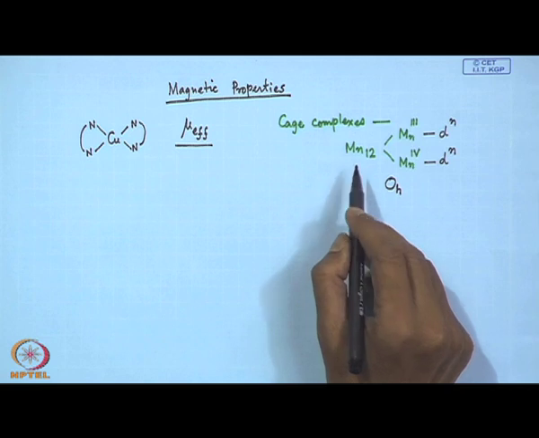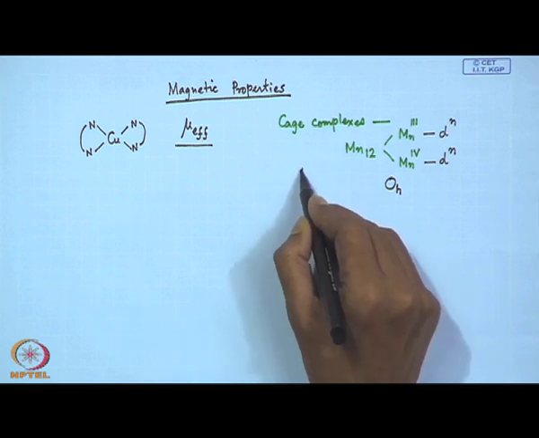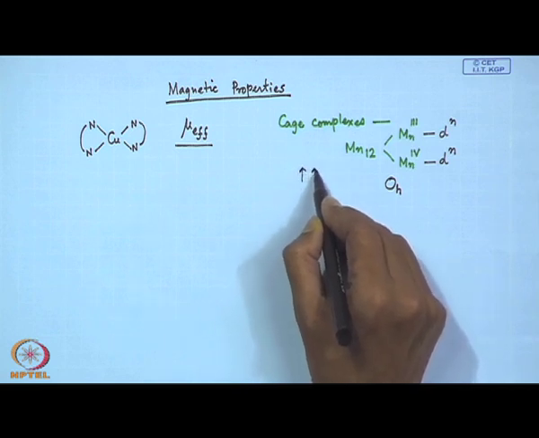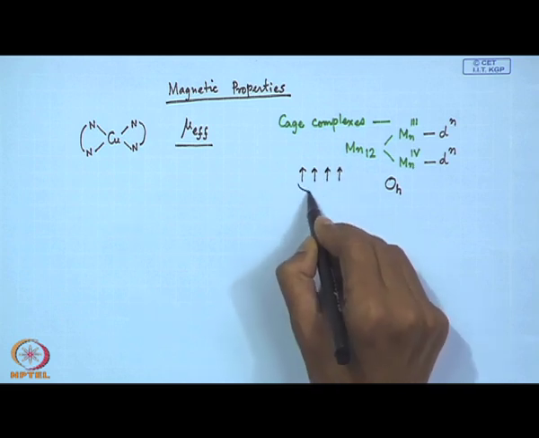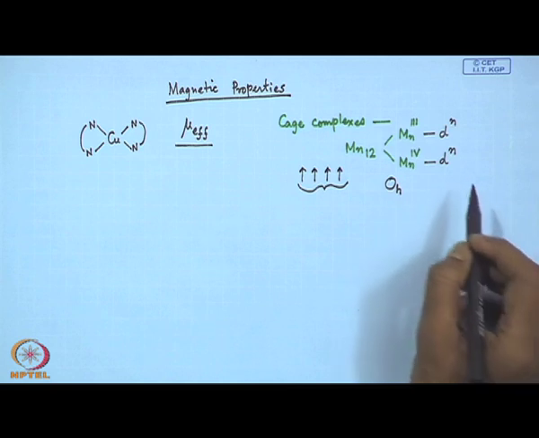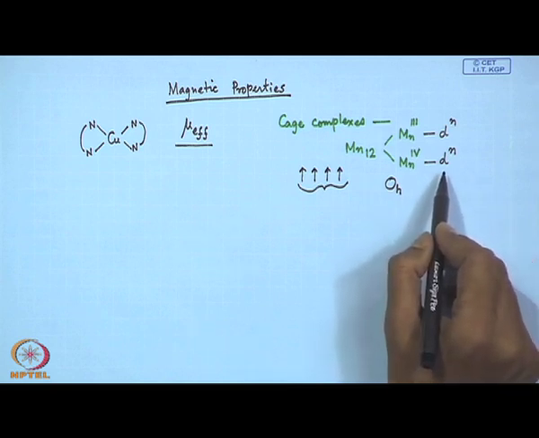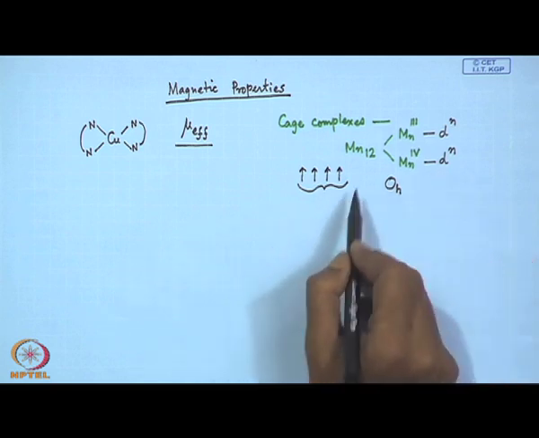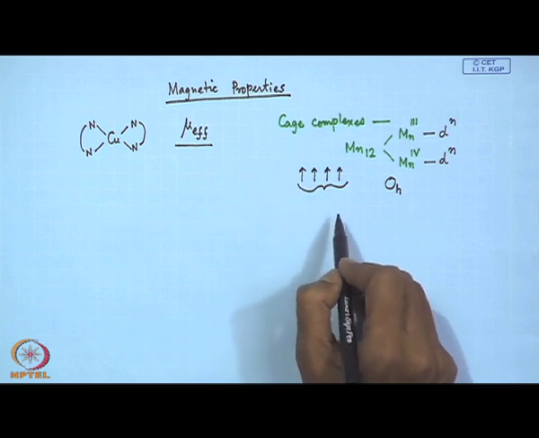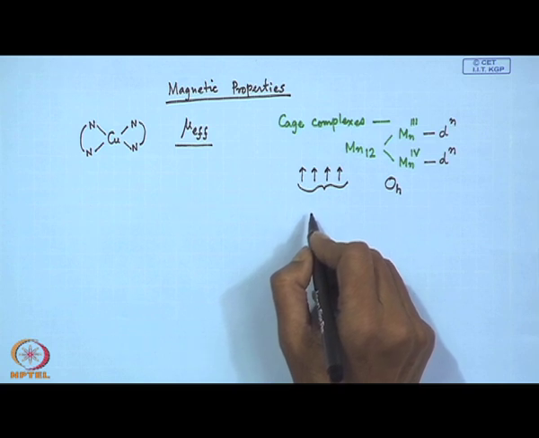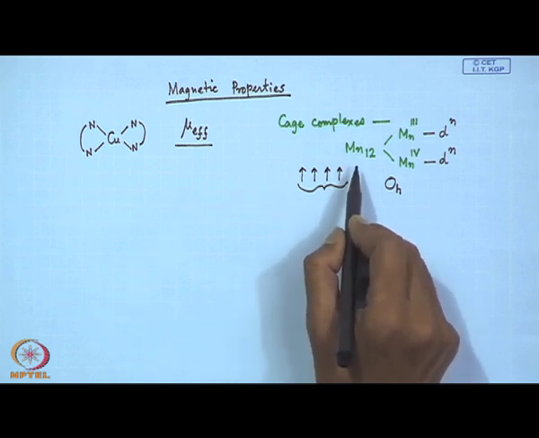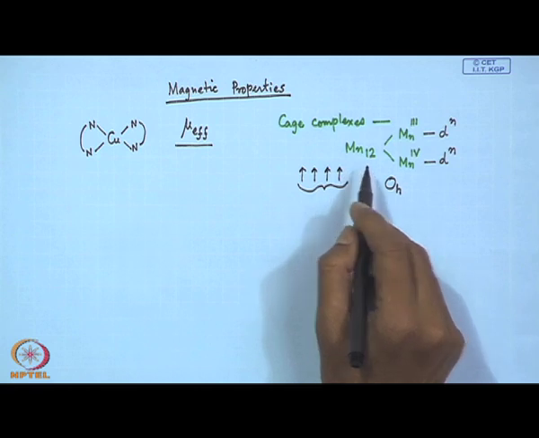In that case, the total number of unpaired electrons present in different manganese centers and how one manganese center is interacting with the other gives rise to a typical area where magnetic property can be utilized for identifying these cage or cluster-like assemblies.